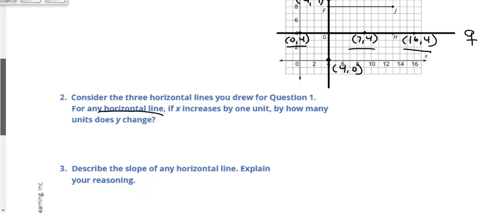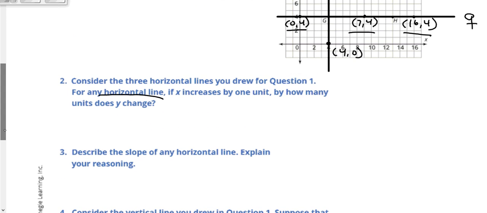So if I was going to describe the slope of it, we've kind of already talked about this. If we're talking about slope, rise over run, I could pick 2 points, but there is no rise, so there's 0 rise. And I could pick anything. There's multiple runs.